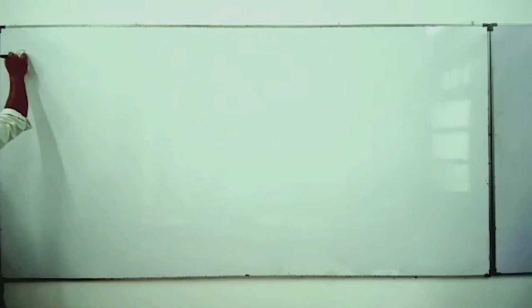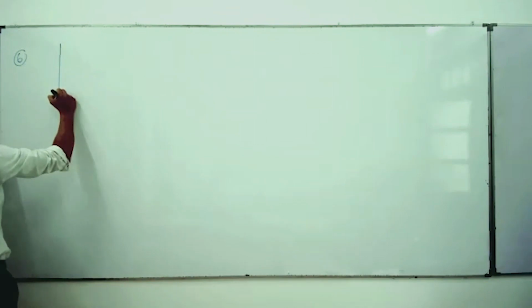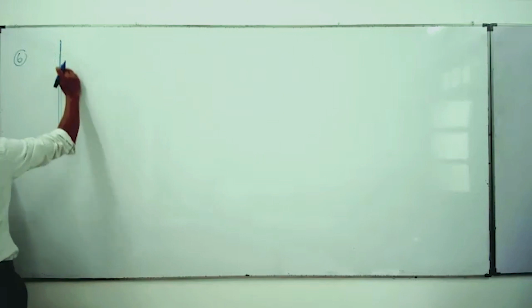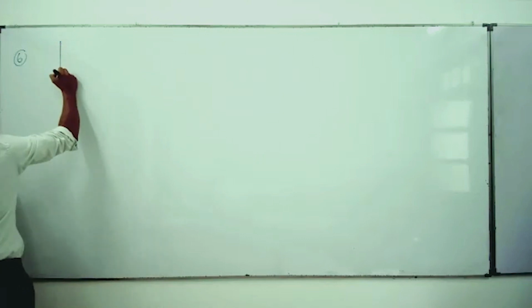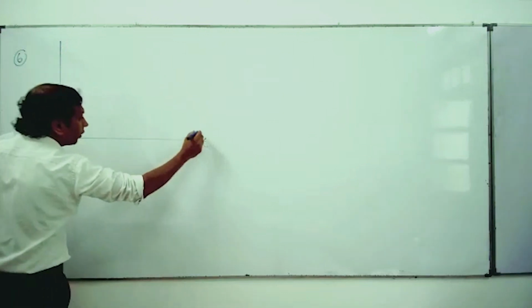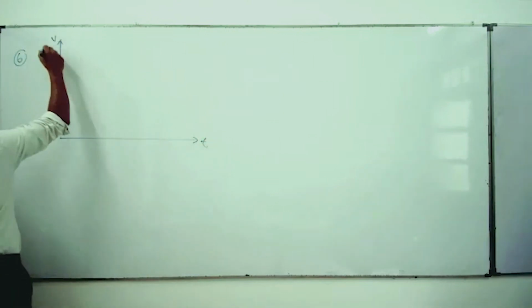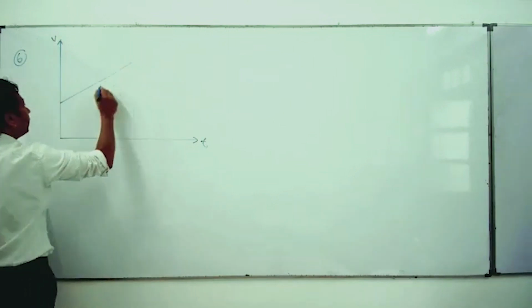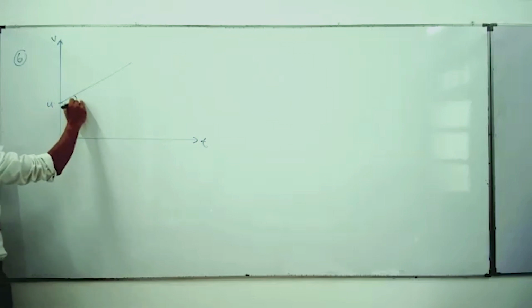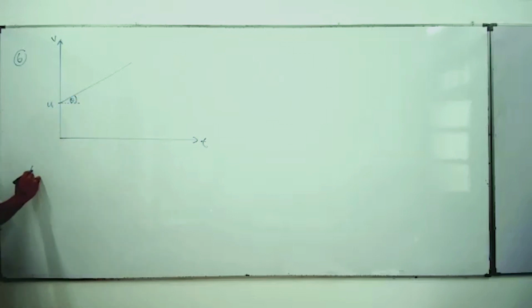Right. Now, number 6. VT graph. See here, the axis here, uniform acceleration, initial velocity is u. If you take this angle as theta, tan theta you know is the acceleration.